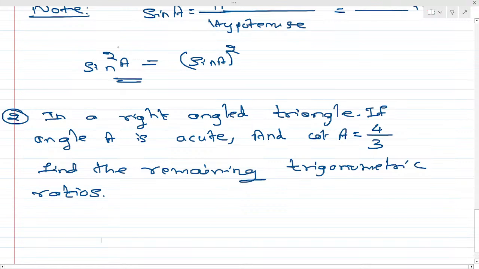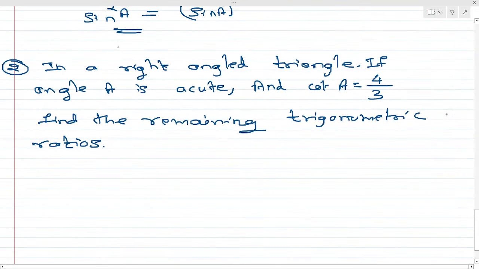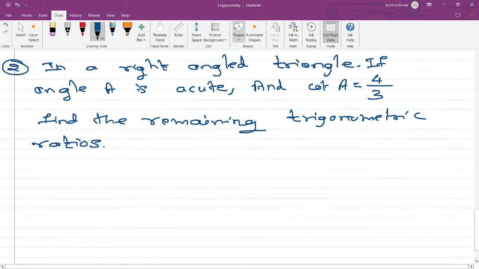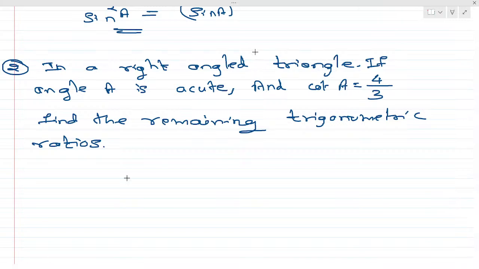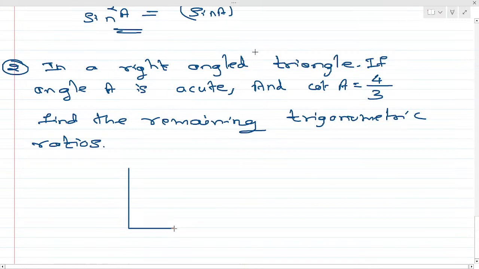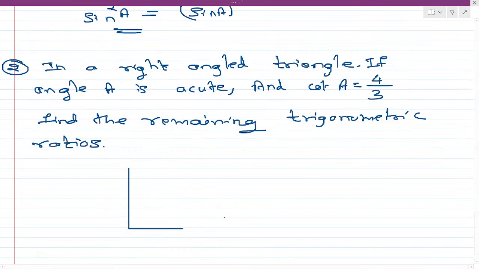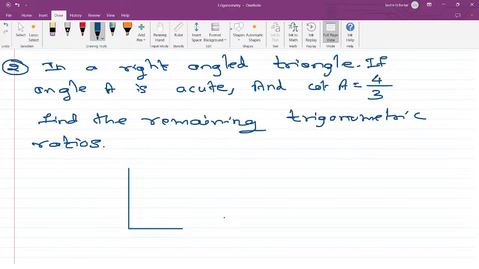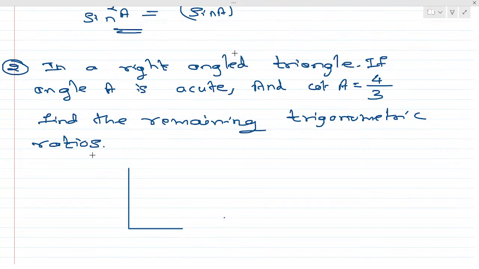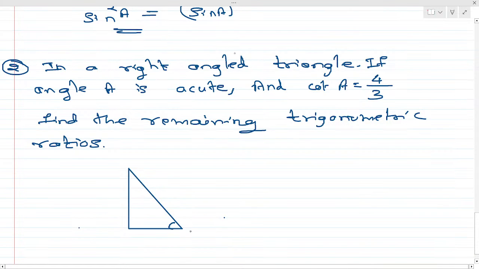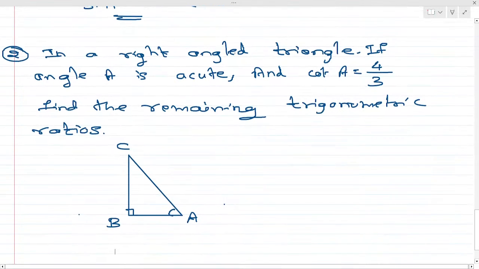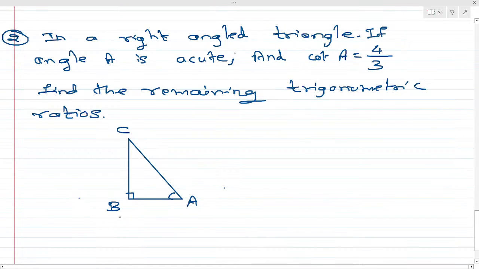So we have a right angle triangle here, and angle A is acute in that. Let me write the angle A here, B, let it be the right angle, and C here. And they are saying cot A is 4 by 3.